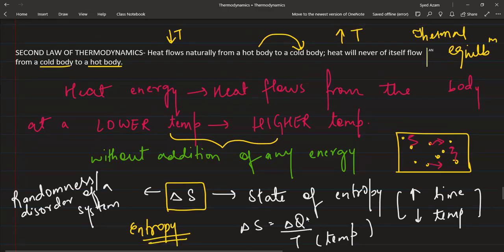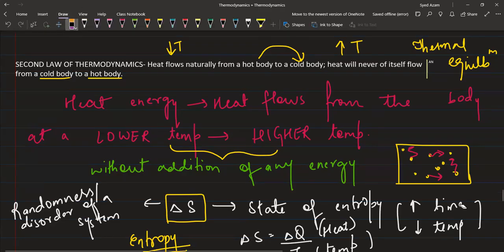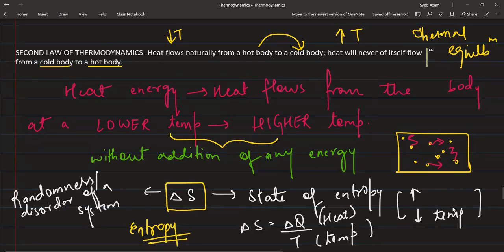So the formula is the heat divided by temperature. Heat divided by temperature. Okay, this is not time, this is temperature. You increase the temperature, the entropy will decrease.